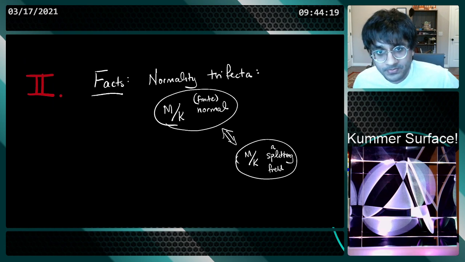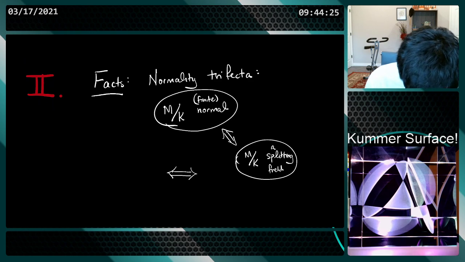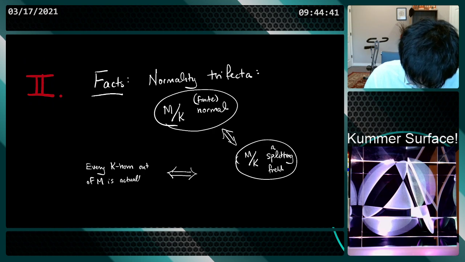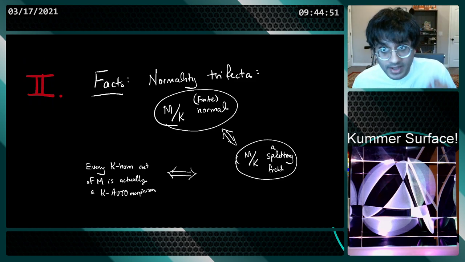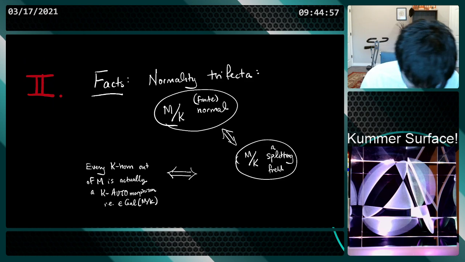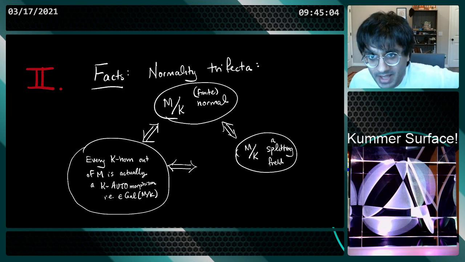That was ancient news. But it's also if and only if every K homomorphism out of M is actually a K automorphism, meaning an element in Galois M over K. This is the normality trifecta.